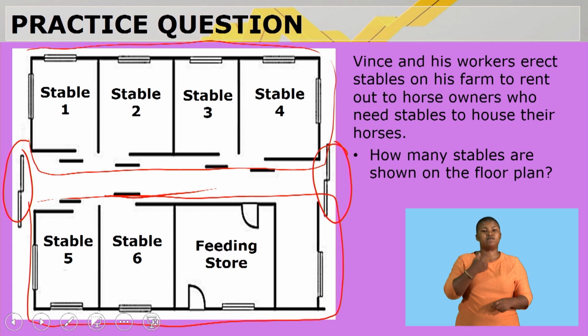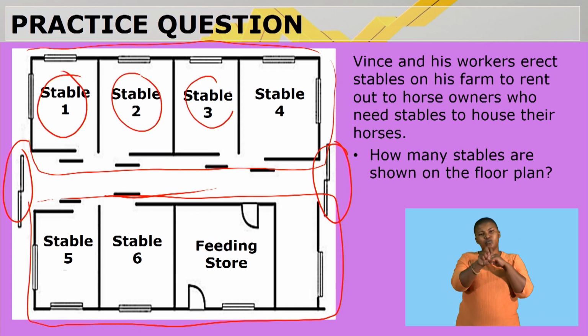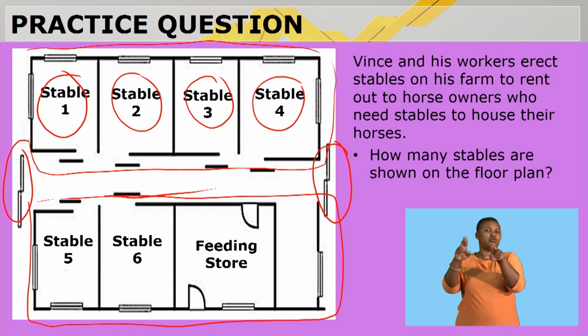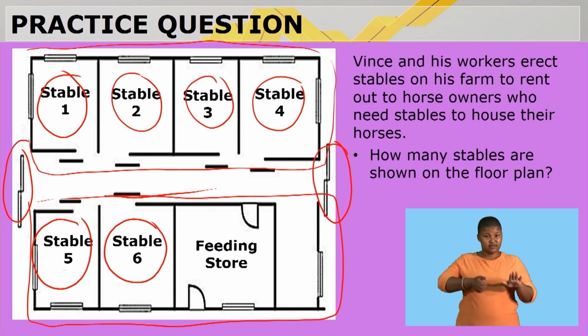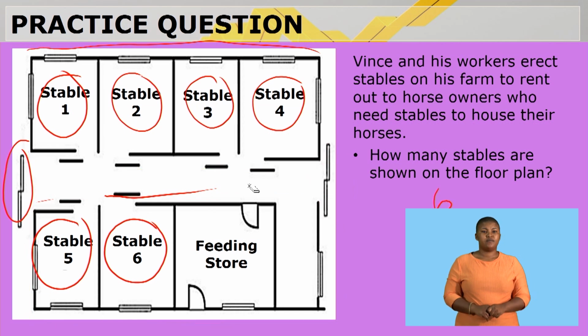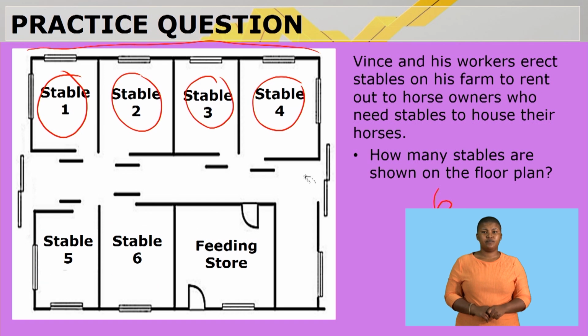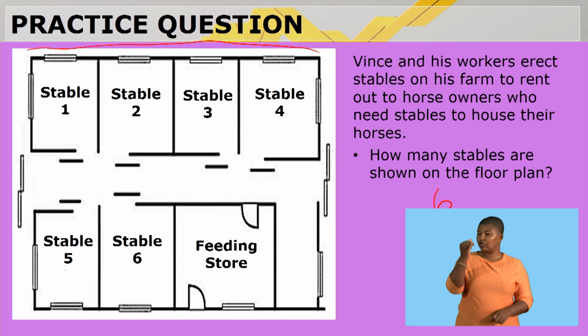Then we have a stable here, another stable, another one, and the fourth stable, the fifth one, and the sixth stable. So how many stables are shown on the floor plan? It is 6.